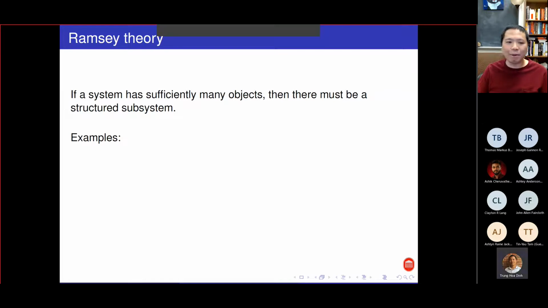Can you find an example for this phenomenon? The structural subsystem is kind of subspaces, right? Yeah, so we are very vague, so we don't mean anything by that. I don't define what a system is and what a structure is. So can you come up with an example in this spirit?